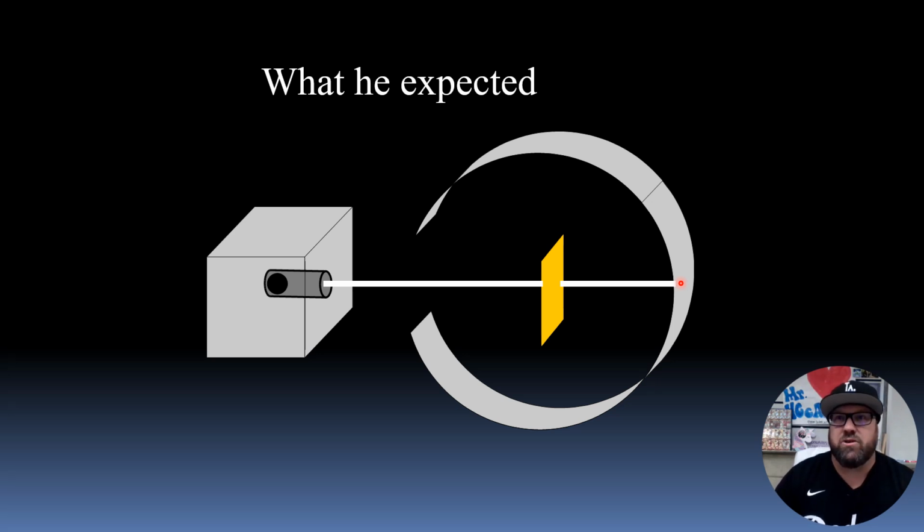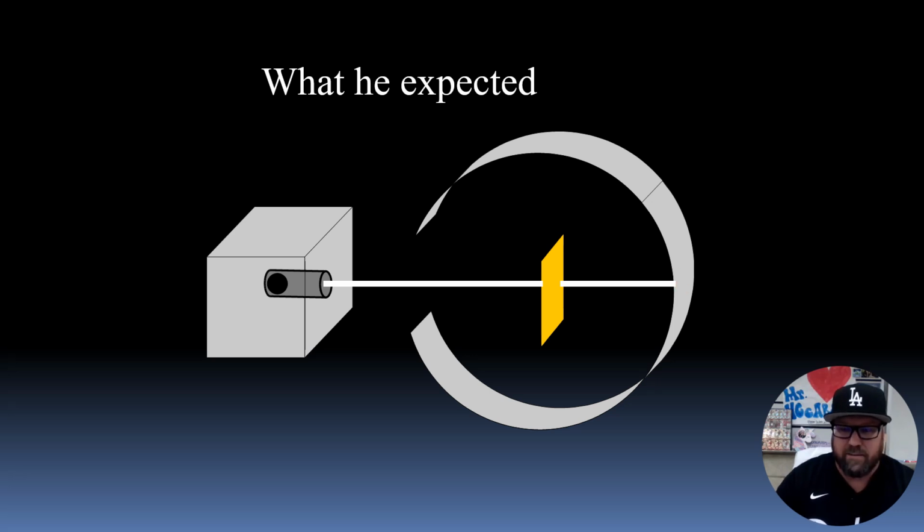It's like imagine playing handball or basketball and there's no backboard, right? If you shoot a basketball and you miss the hoop and there's no backboard, there's no rebound because there's nothing to stop or bounce the basketball off of. So he thought that 100% of the alpha particles would go straight through the gold foil.